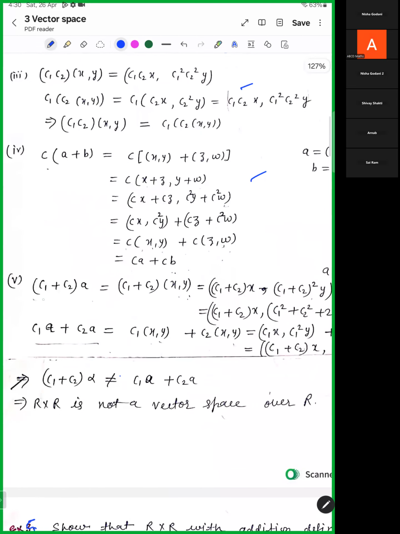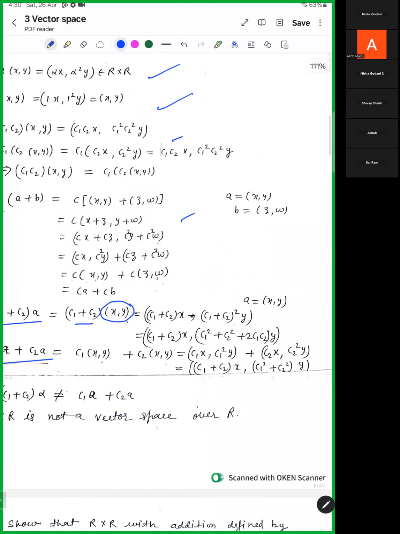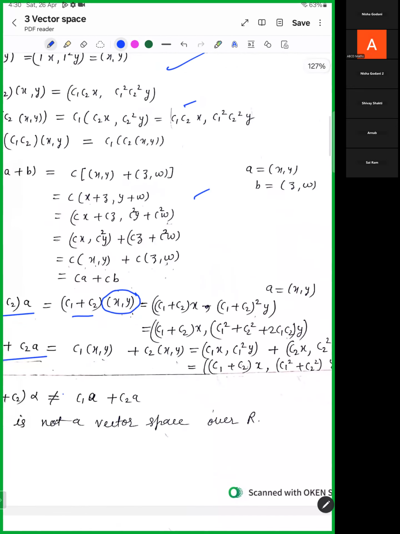In the fifth one, we have (c1 plus c2) alpha, and we have to check whether it is equal to c1 alpha plus c2 alpha. In the LHS, (c1 plus c2) times an element of the vector space, taken as x comma y. When you multiply by c1 plus c2 in x comma y, what do you have? (c1 plus c2)x and (c1 plus c2) whole square y.